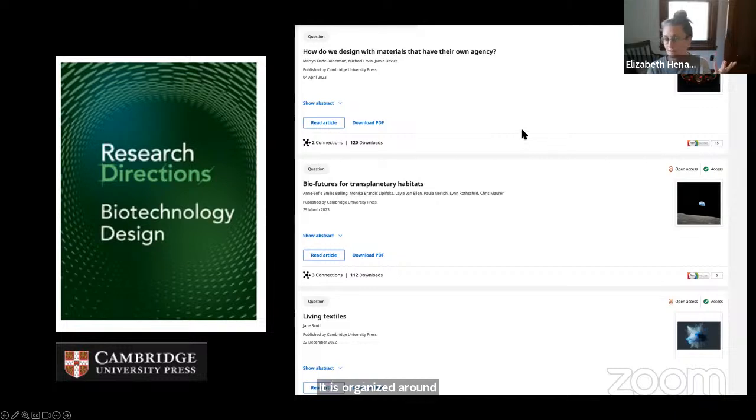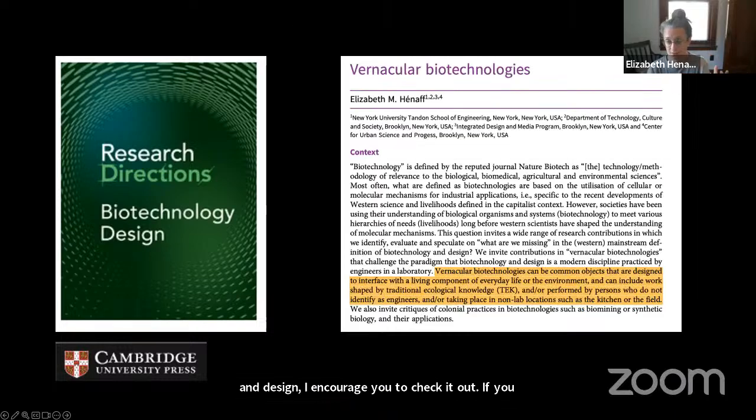So there's probably a dozen of them. A few of them are here. So one research question here is, how do we design with materials that have their own agency? Biofutures for transplanetary habitats, living textiles. So if you're working at the interface between biology and design, I encourage you to check it out. If you have any questions, I'm on the editorial board and I would be glad to answer them.